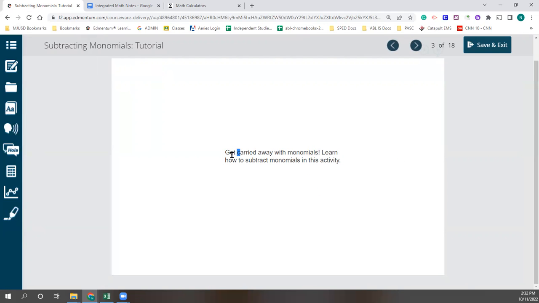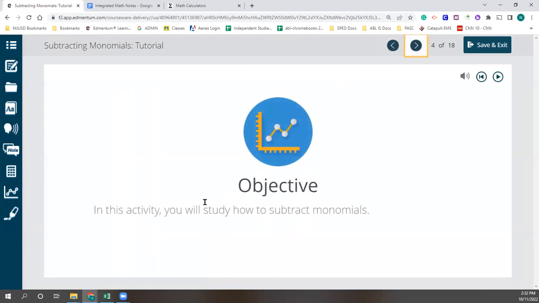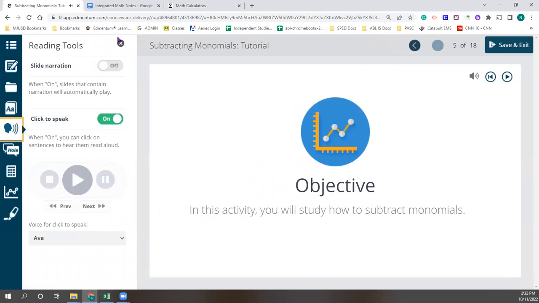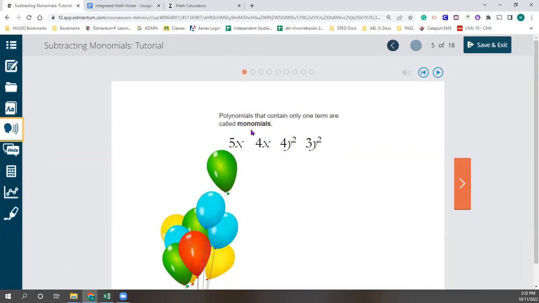It says, get carried away with monomials. Learn how to subtract monomials in this activity. See, the click to speak isn't working.